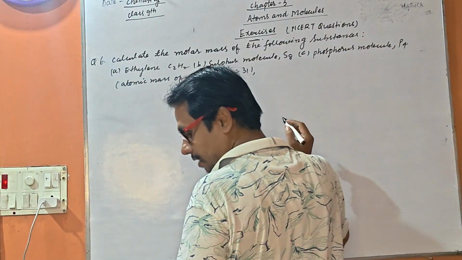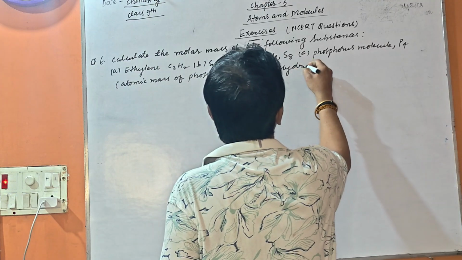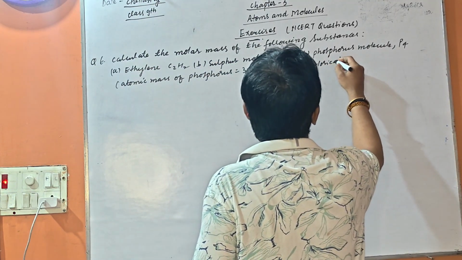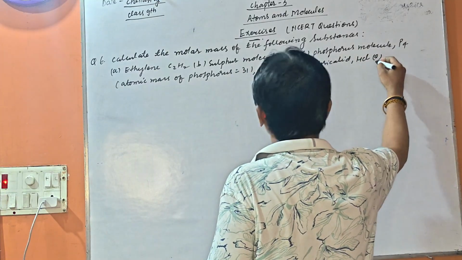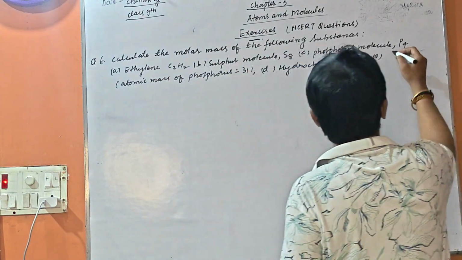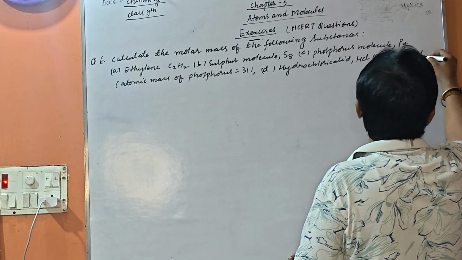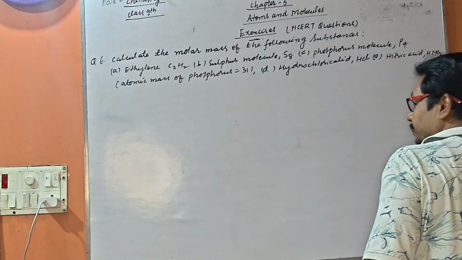And D number is hydrochloric acid, HCl, and E number is nitric acid, HNO3. Let us start the answer.